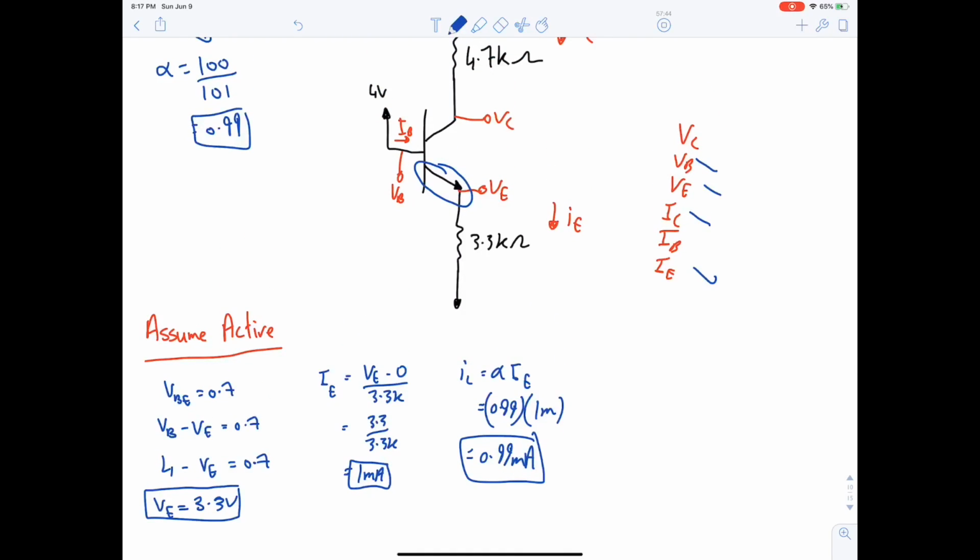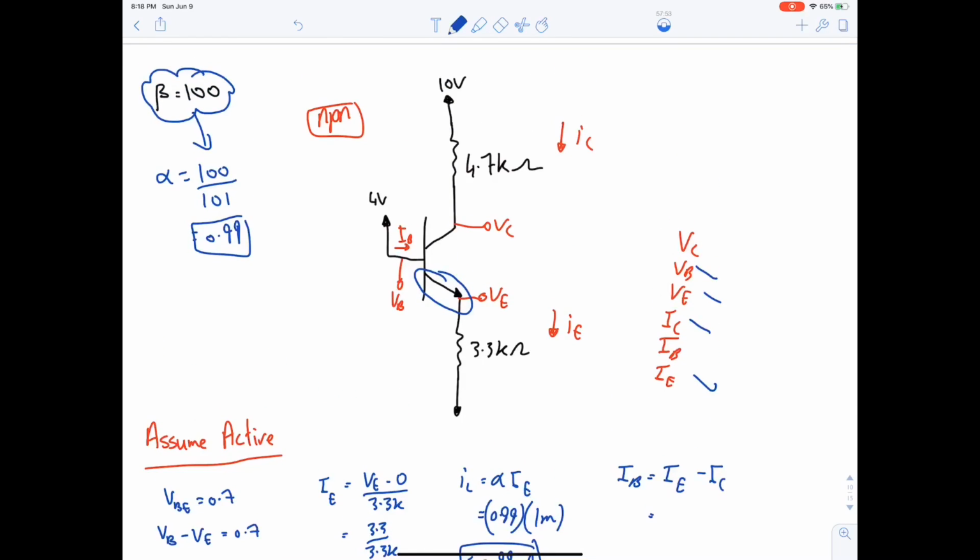Finding IB through KCL. The reason why I'm saying KCL, because note here, IC is going downwards. Okay, IB is entering, so consider the transistor as a point. IC entering, IB is also entering, and IE is leaving. Hence, you can find it through KCL.